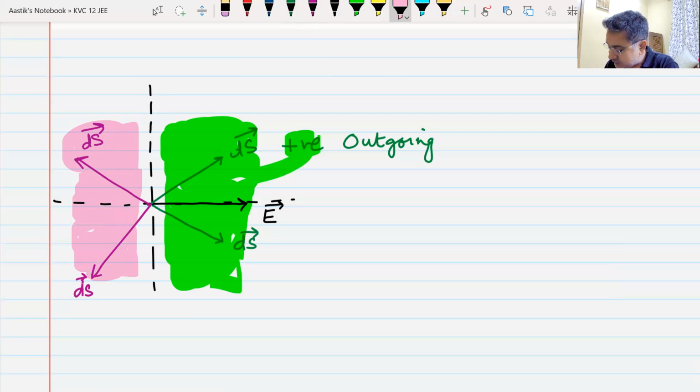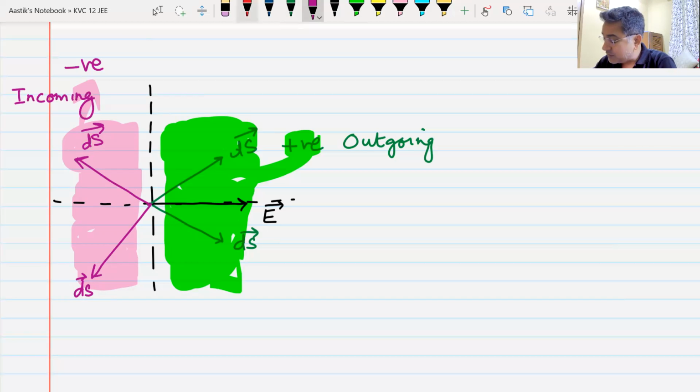The flux is going to be negative here. By negative flux, I mean my area vector is like this and flux is coming towards me. So this is incoming. This is my incoming flux. Incoming flux is taken as negative.